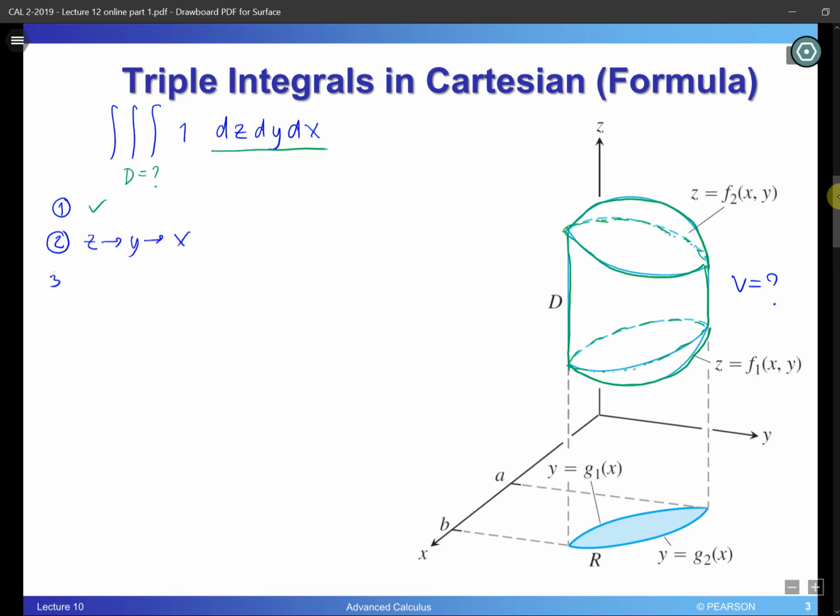Now, 3. Sweep the first variable from one surface to the other. The first variable is z, between two surfaces on the object. Now, where is the surface? So let's take a look at z here. We are going to work on the z variable, and in this graph it's going to go up and down in the z direction, right?